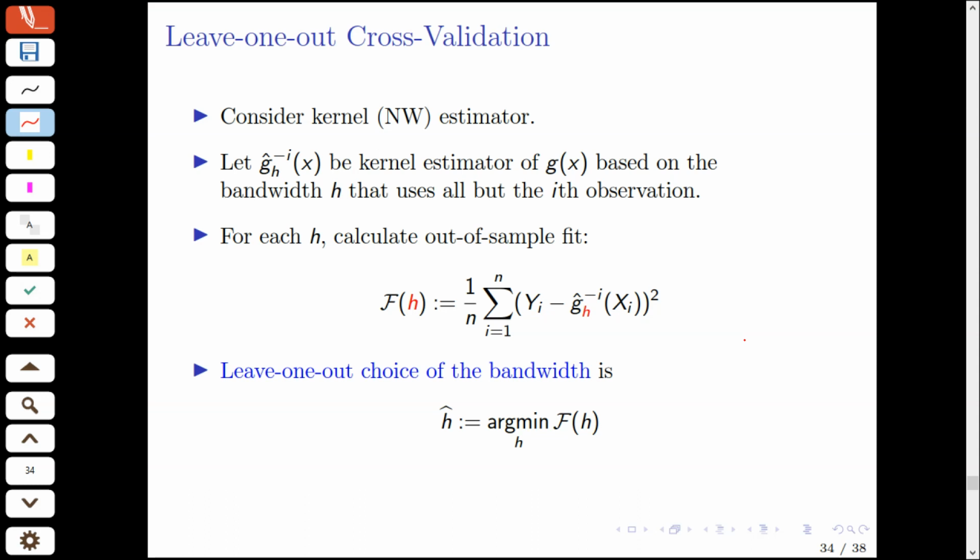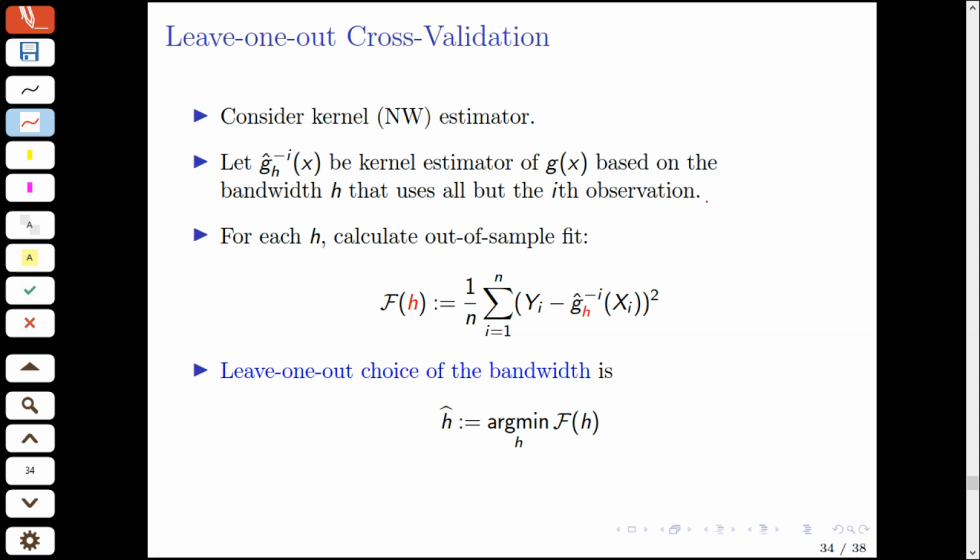Now, let's use the following notation, where we let g hat with a superscript -i and a subscript h denote the kernel estimator of g, following the exact same formula as for the nonparametric estimator, using a bandwidth h, but using all but the ith observation. So we're dropping the ith observation from our sums.